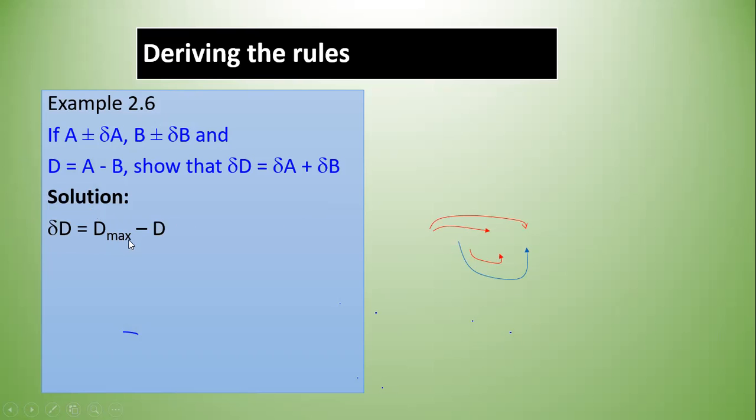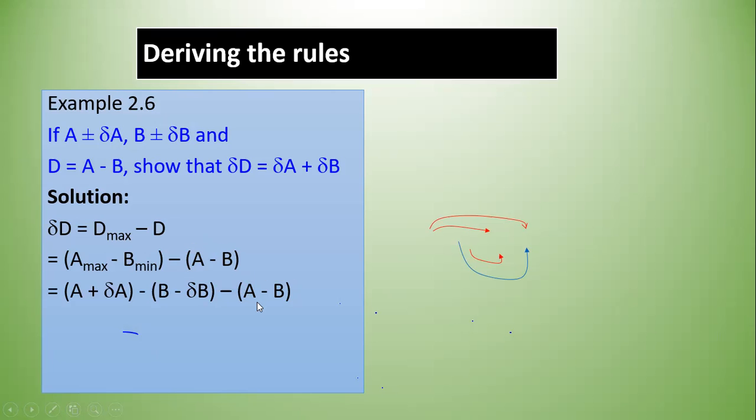Right? Largest value. To make this one large, A must be large, B must be small. Right? So the largest value is A plus delta A minus the smallest value, B minus delta B. And then this is still the same.